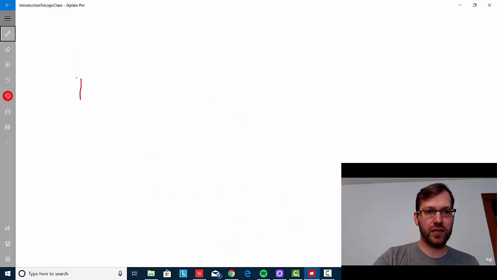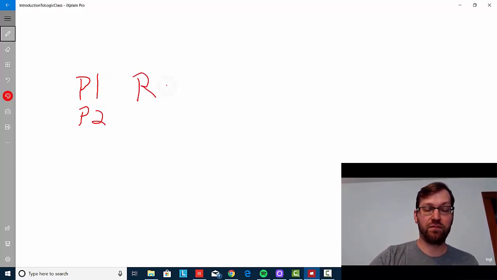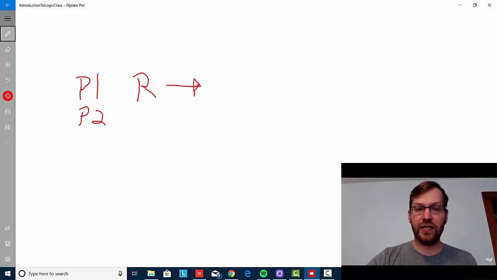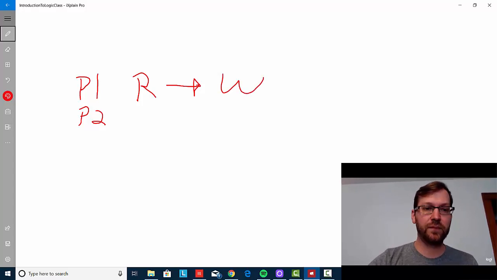The argument we're going to look at is very similar to the previous argument that we looked at. Premise 1 is our first bit of evidence. Premise 1 tells us that if it rains outside, then the grass is wet. But in premise 2, instead of saying that it does rain outside, we're going to say that the grass is wet.